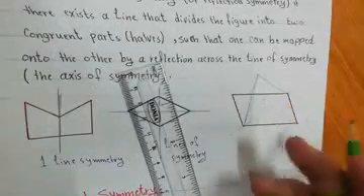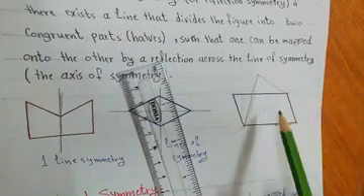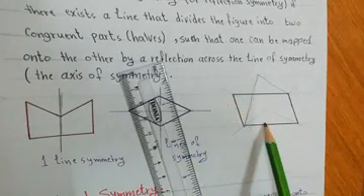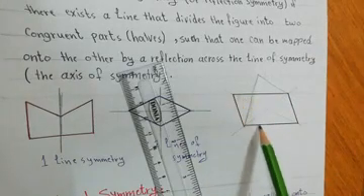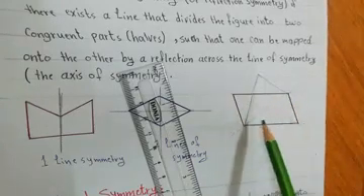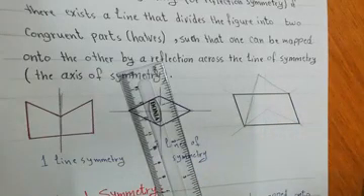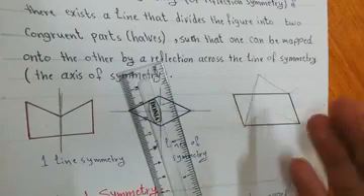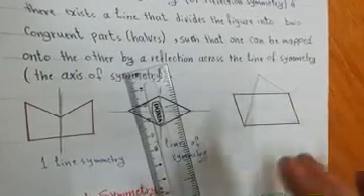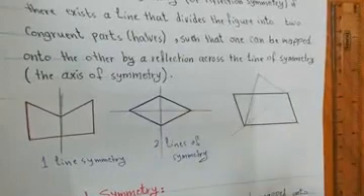And also, if you take this other line, this part on the right does not fit with this part. So these two are not matched to each other, and you can't find any line of symmetry for this shape. So this is a rule: for any parallelogram there is no line of symmetry.